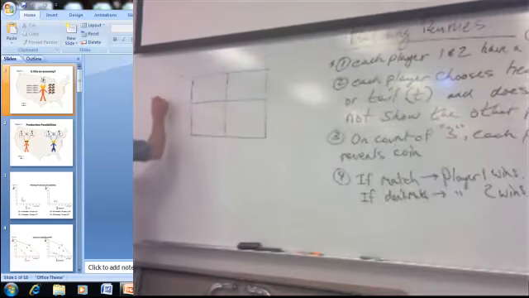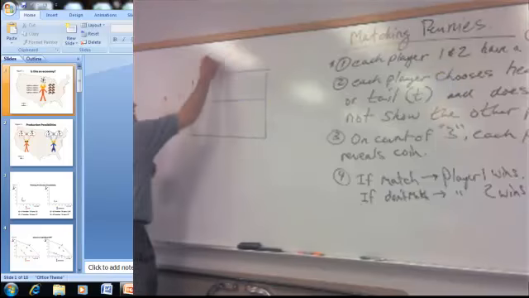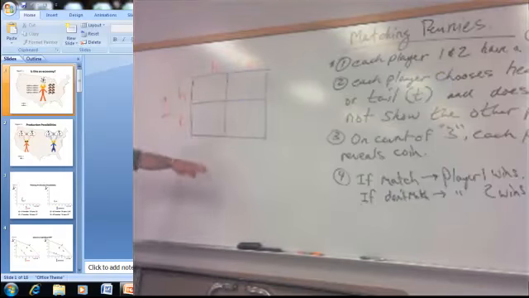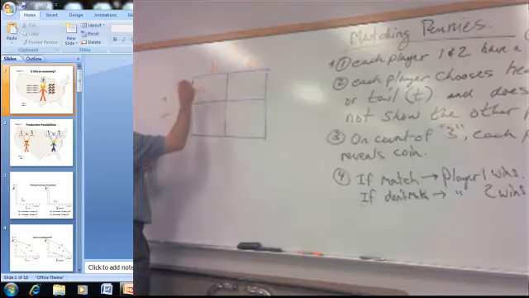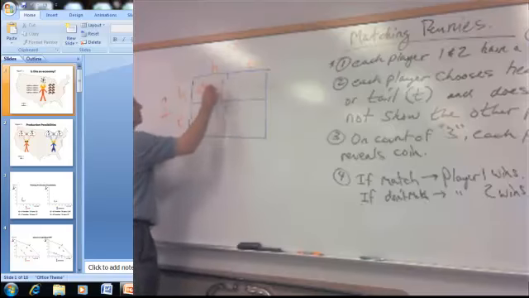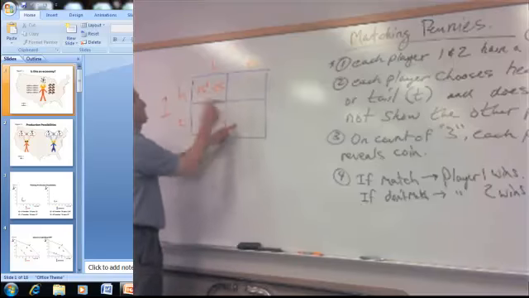So most of you had this type of setup: player 1, player 2, heads, tails, and let's see, player 1 wins if they match. So on a match, player 1 gets the 25 cents. I'm going to put just 25 with the little cents here. So 25, player 2 loses 25. And if they match, if they're both tails, player 1 still wins.